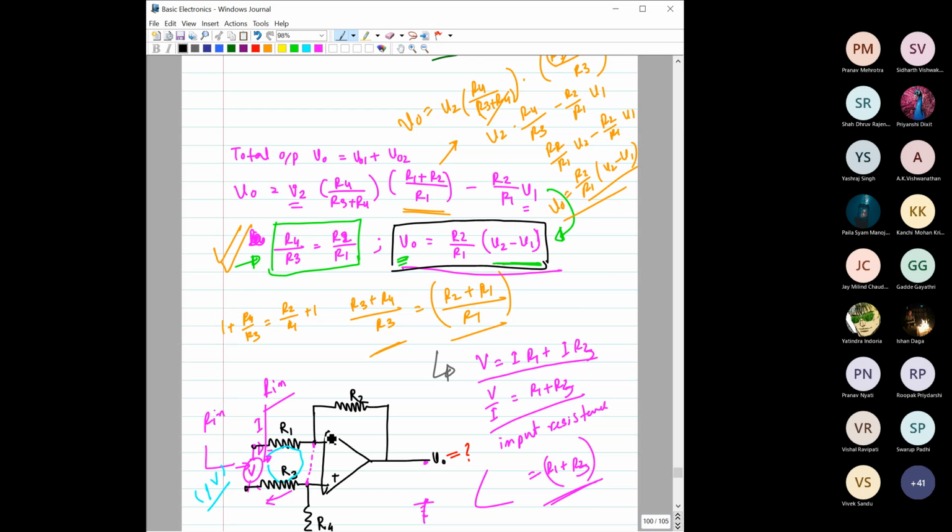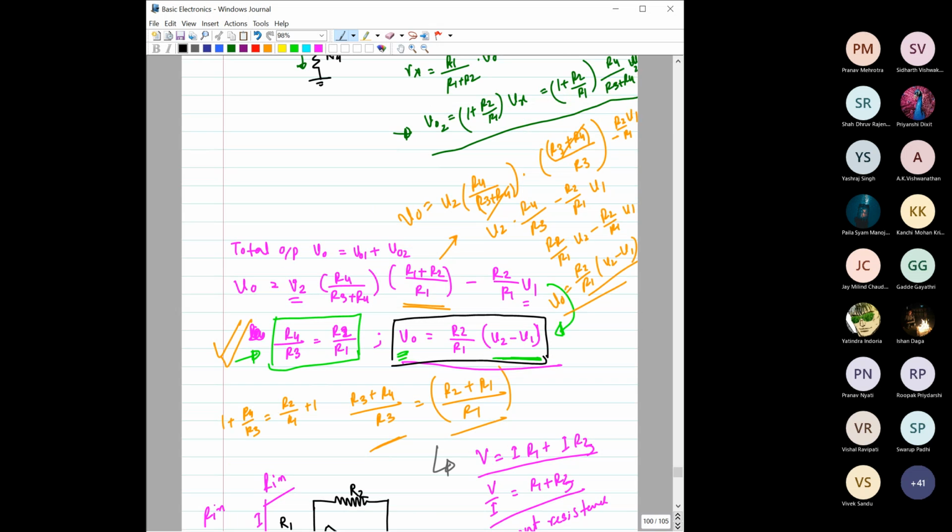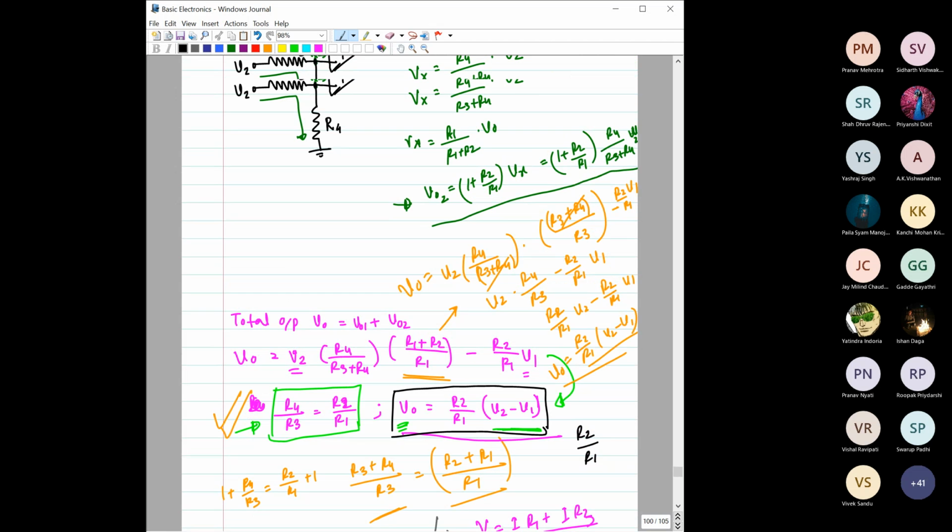That is one thing. The other thing is that if we have to change the gain, the differential gain is R2 by R1, so you have to change either R2 or R1, or both. But remember, due to this criterion, whenever you change either R1 or R2, you have to change either R3 or R4 as well.